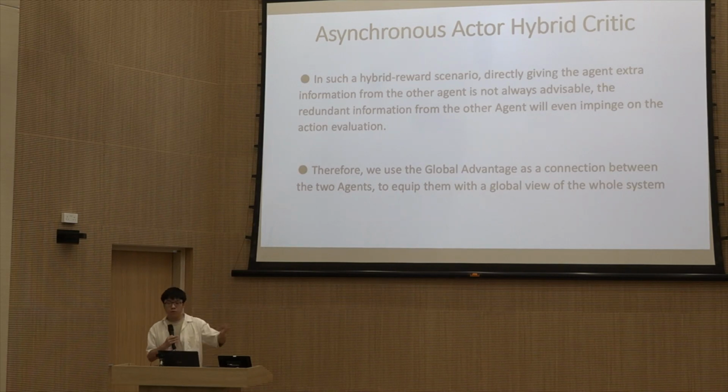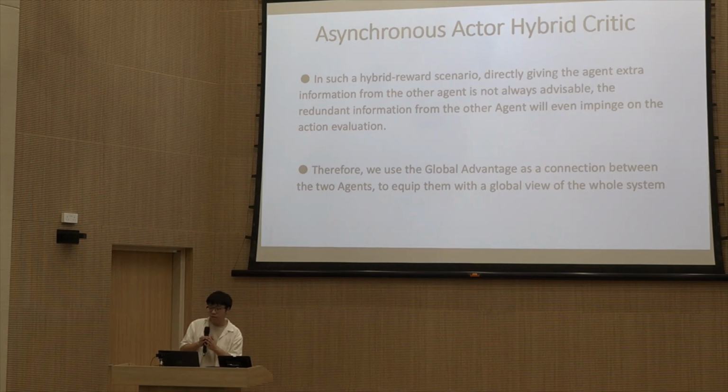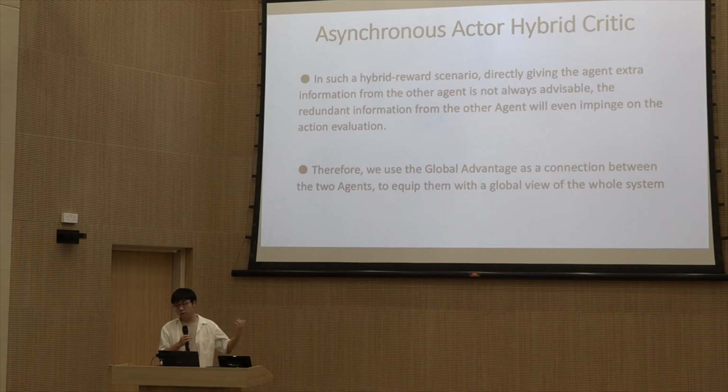So why do we not use the traditional methods like the CTDE framework? It's because in such a hybrid reward scenario with multiple synchronous stages, directly giving the agent extra information from the other agent is not always advisable. There is redundant information from the other agent, and it will even impair the action evaluation.